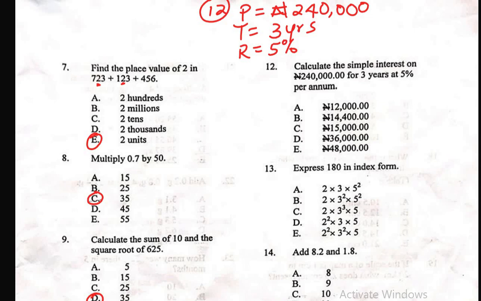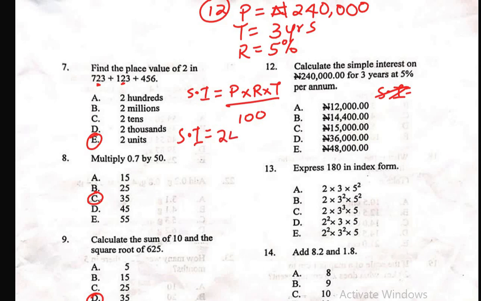The formula for calculating simple interest is always P for principal times rate times time, then you divide by 100. So simple interest equals, the principal was given in the question. SI, principal P is 240,000 times rate is 5% times time, which is 3.